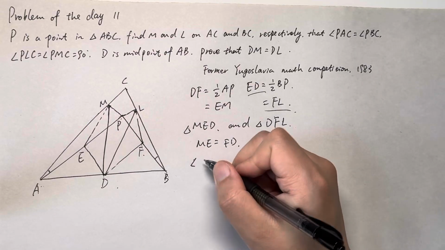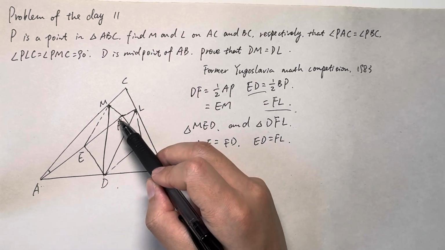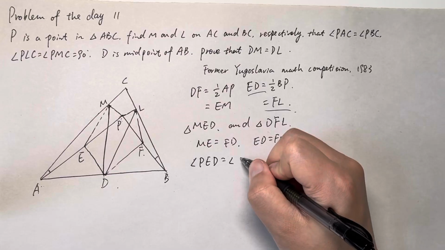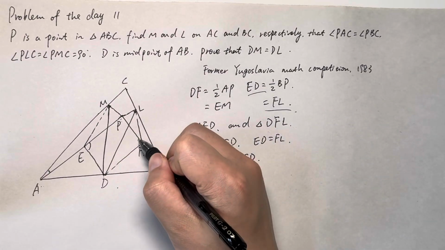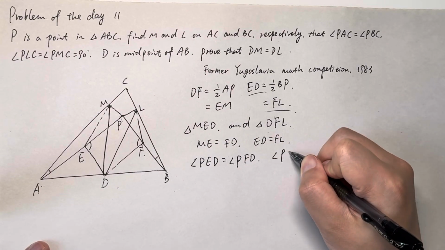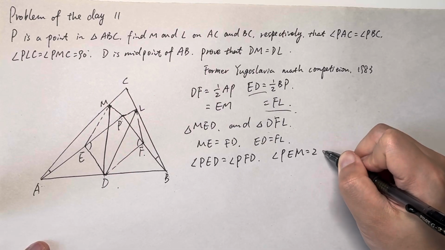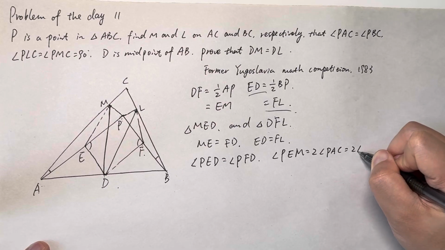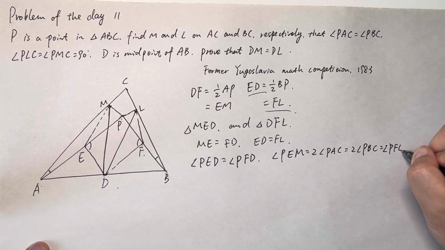And because ED is parallel to BP and DF is parallel to AP, we know that angle PED equals angle PFD. And also, angle PEM equals twice angle PAC, which equals twice angle PBC, which equals angle PFL.